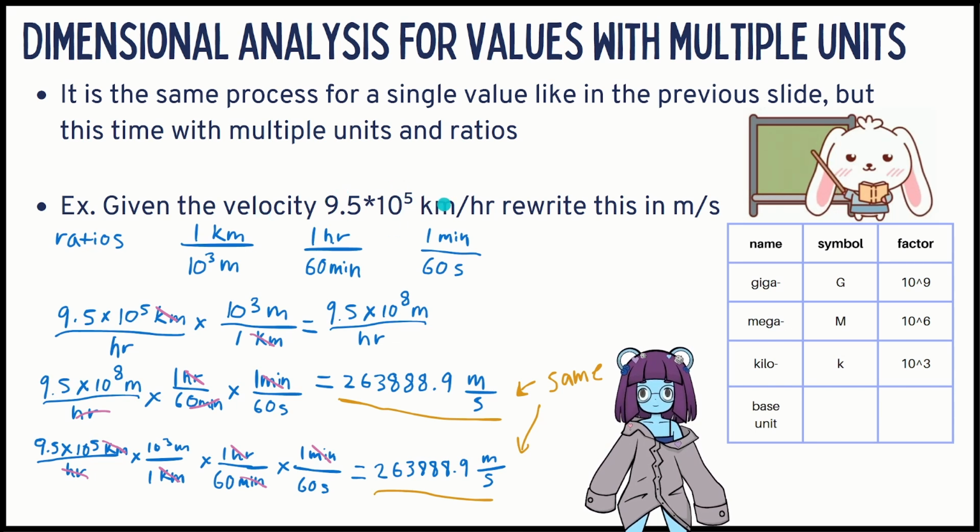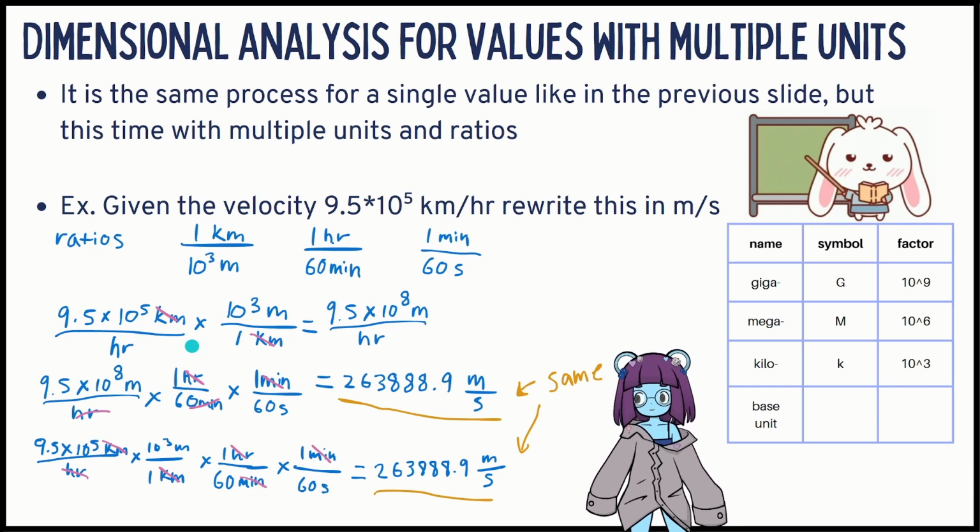As we see that kilometers is on the numerator, it's written like this. And this ratio I have here is written as 1 kilometer over 10 to the third meters. Because we want to cross out the kilometers, we have to flip this conversion ratio to have it 10 cubed meters over 1 kilometer. That way you can cross out the kilometer. And once you get that, you have this value, but it is now in meters per hour.